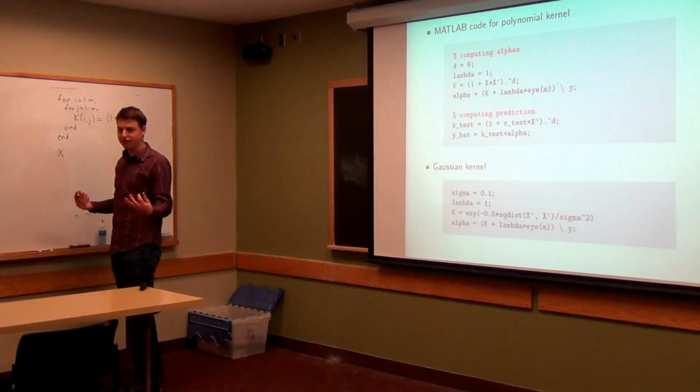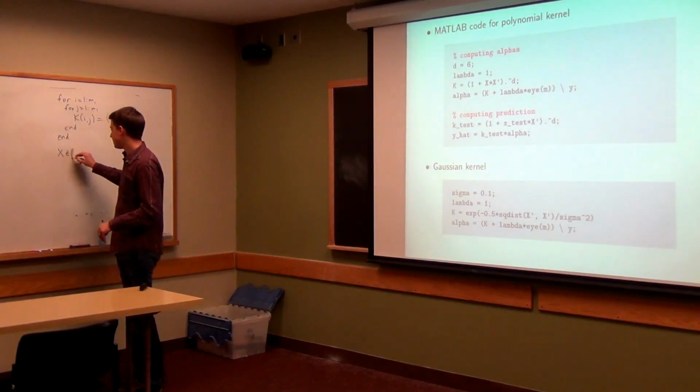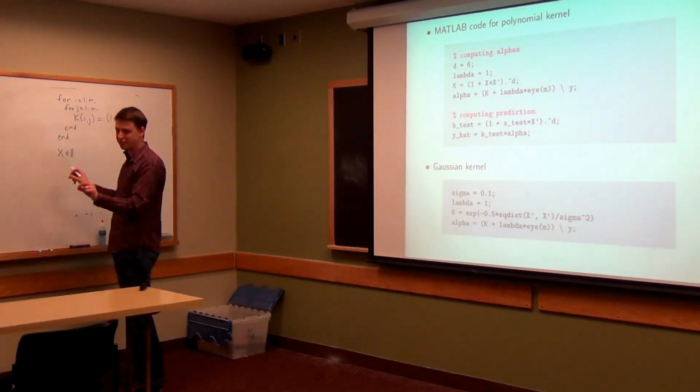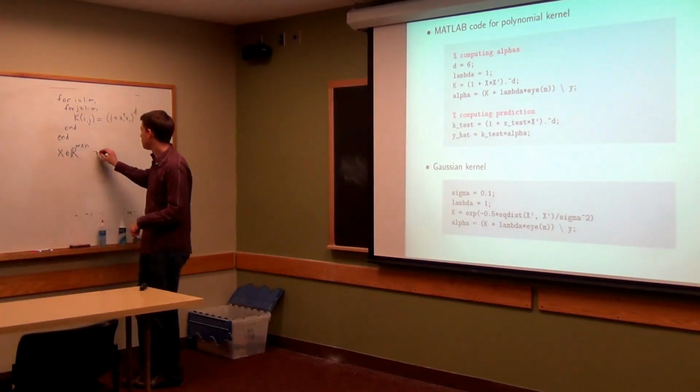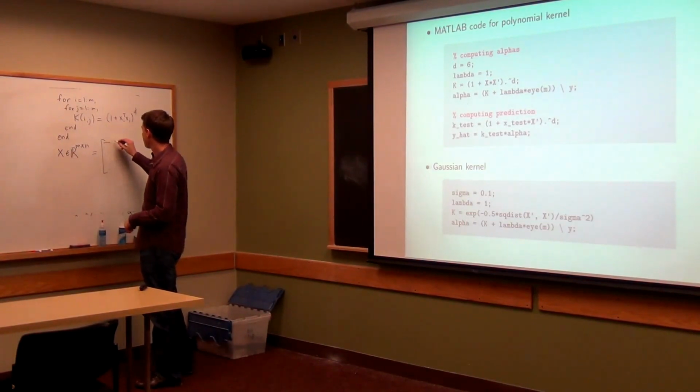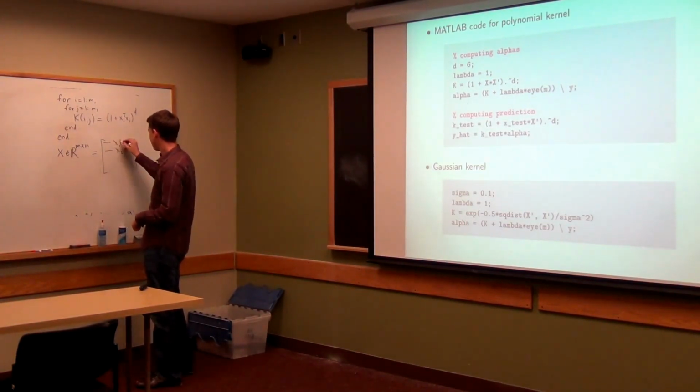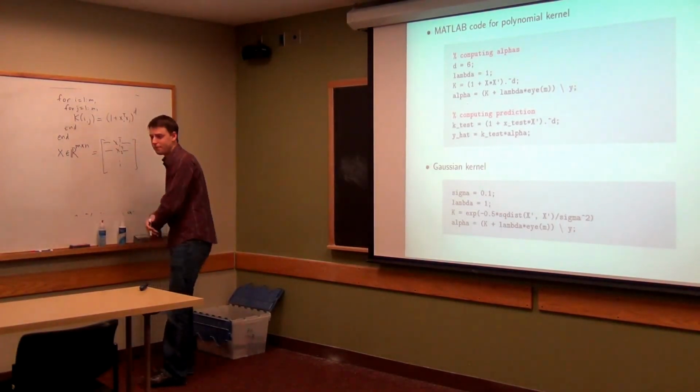And big X is just like big phi, except it has x vectors in the rows instead of the phi vectors. So this is going to be a matrix in M by N, which is equal to x1 transpose, x2 transpose, and so on. OK?